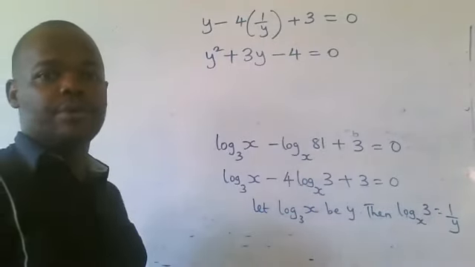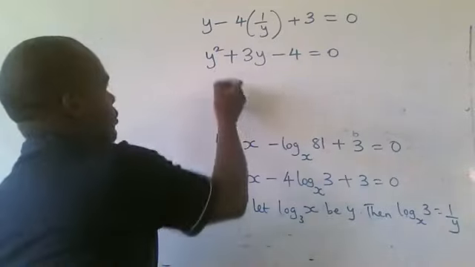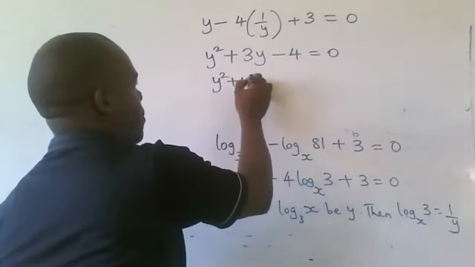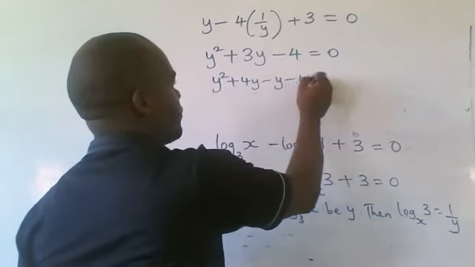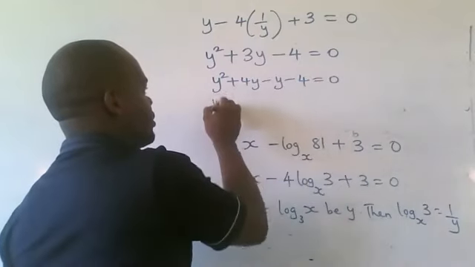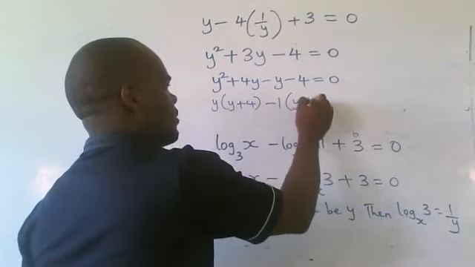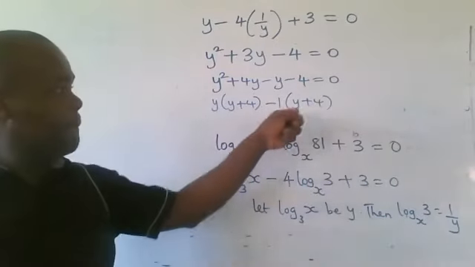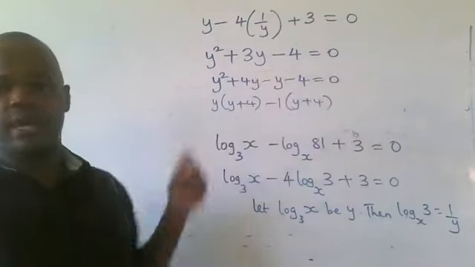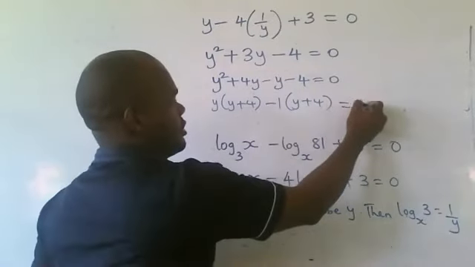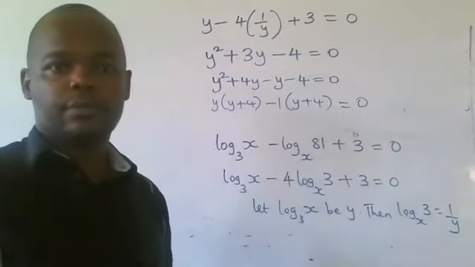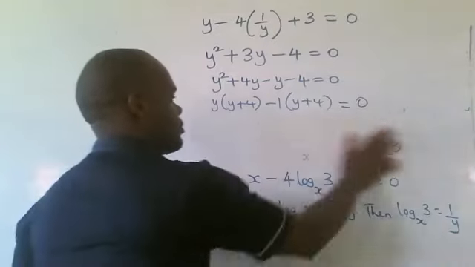So this is y squared plus 3y minus 4, which factorises as y into y plus 4 minus 1 into y plus 4. Be very keen there, this is plus and not minus, and that is equal to 0.